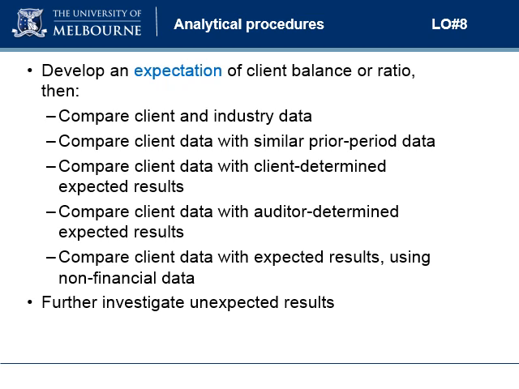It could be comparing client data with the same data from the prior period. It could be comparing the client data with client determined expected results, so for example with budgeted numbers, or comparing it with what the auditor is expecting. And then finally it could be comparing it with expected results but using non-financial data.